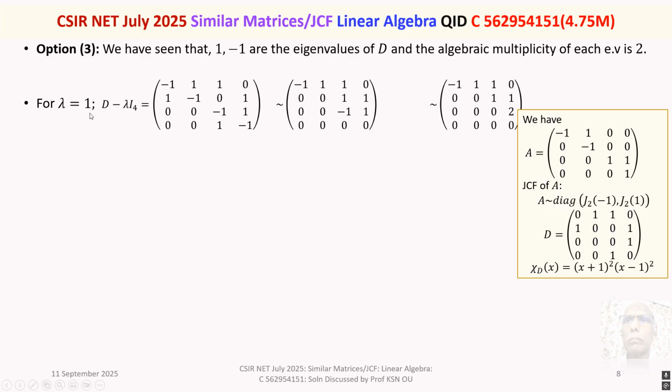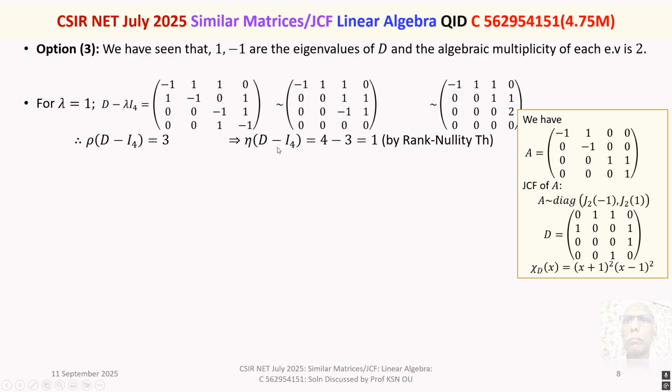for lambda equal to 1, D minus lambda I4, lambda times I4. So this is the matrix, and reduce it to row reduced echelon form, then you get this matrix, and the rank of this one is 3 because there are 3 linearly independent rows. So the rank of D minus I4 is 3.